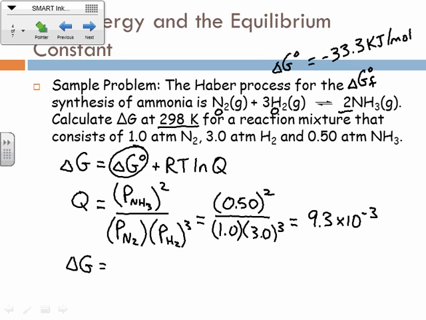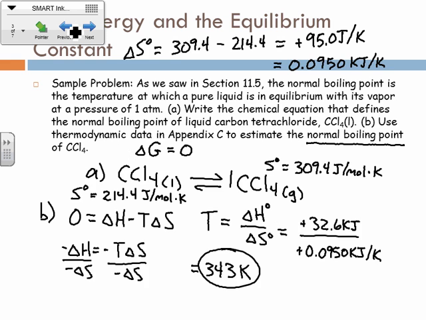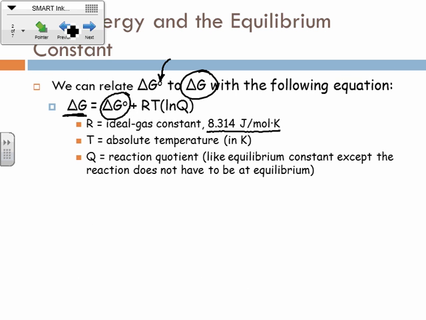What unit does R contain? Let's look back at our R here. This is in joules per mole times Kelvin. Well, that's a problem because we just calculated our delta G in kilojoules.